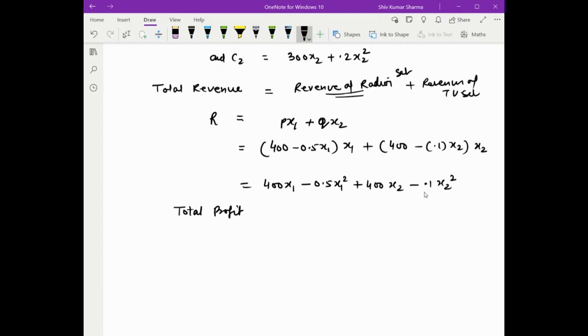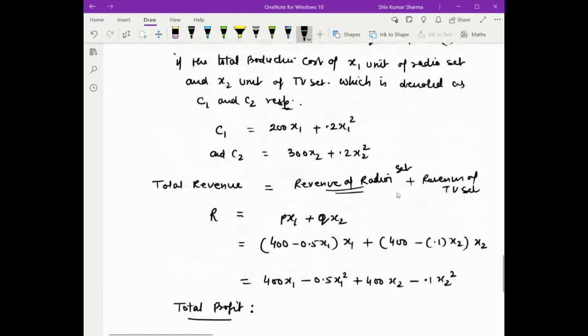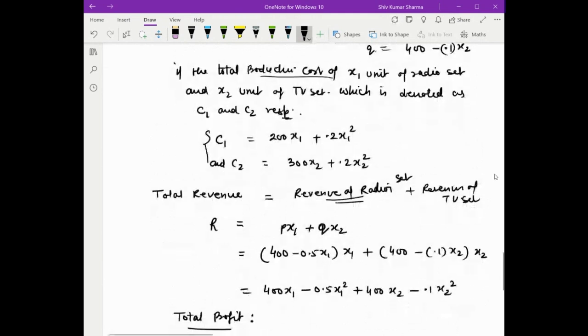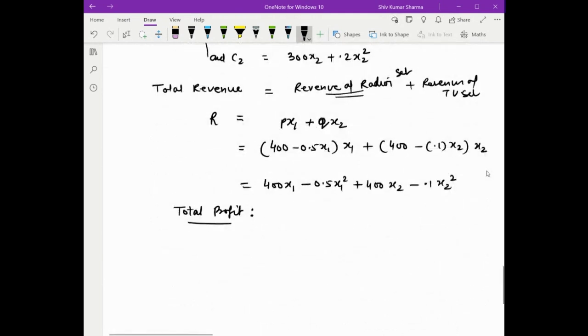So total profit. How to calculate the total profit? Total profit means we subtract the production cost from the revenue. So total profit we write as R minus the production cost.